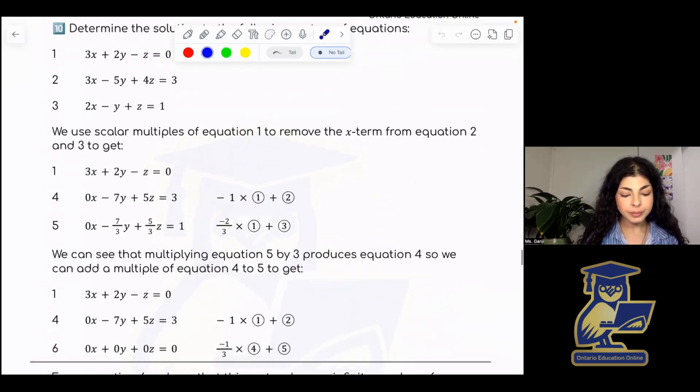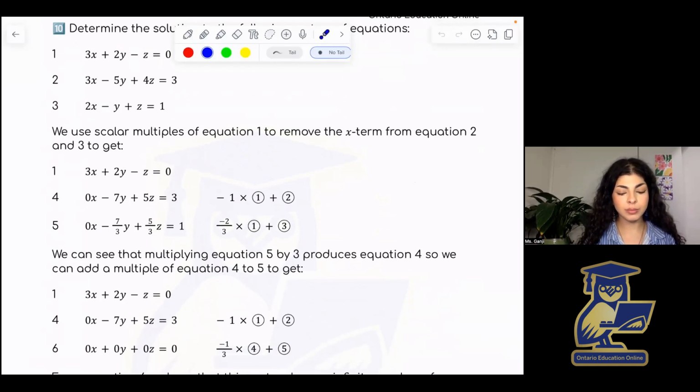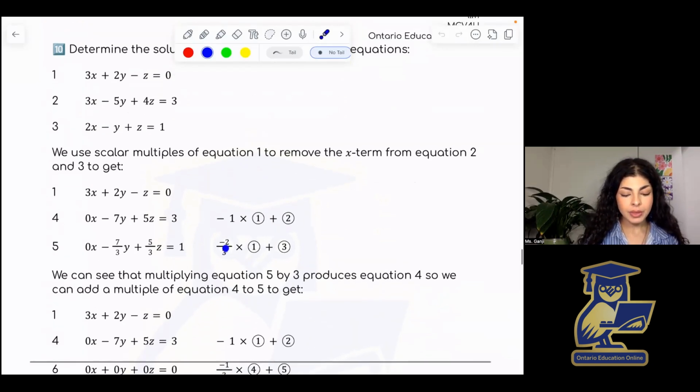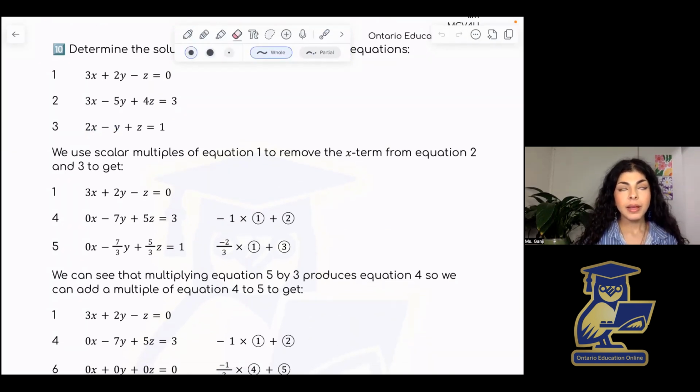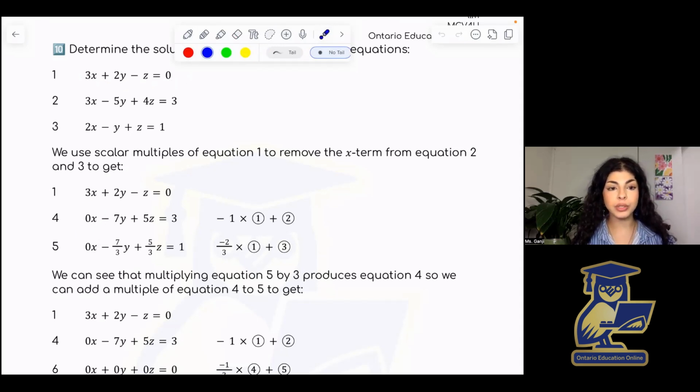Now for equation 2, because here we have 3x, I am just sticking with 3x here. The reason for that is if I divide by 3, I end up with a lot of fractions here. So as long as it's manageable, it's okay if you just keep 3x there. Our goal is just to make these two have a coefficient of 0.